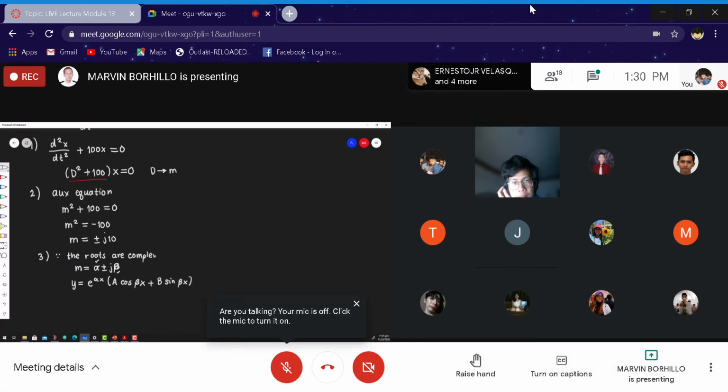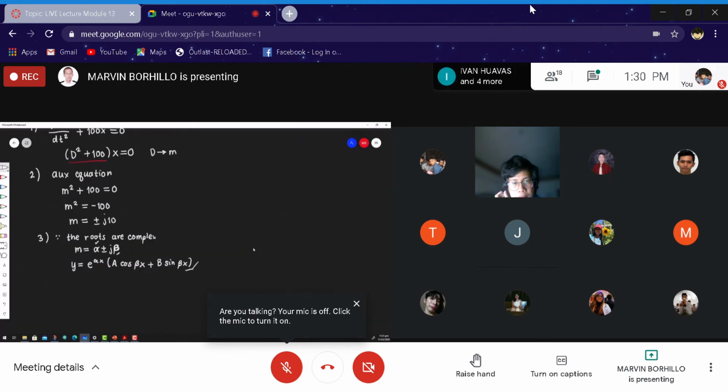So this will be our solution. Let's make the substitution. Since alpha is 0 and beta is 10, our dependent variable is x and our independent variable is t.